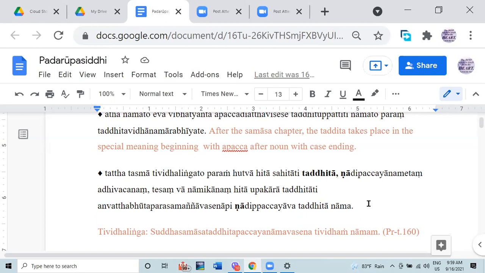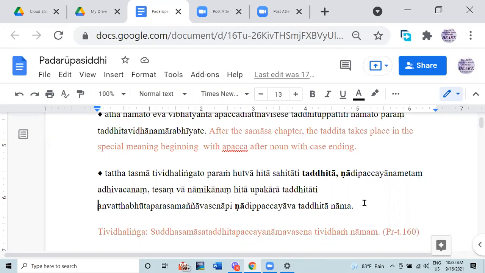Anuttha means the definition and its qualities match. They agree. So when the definition agrees with its quality, it is called Anuttha.